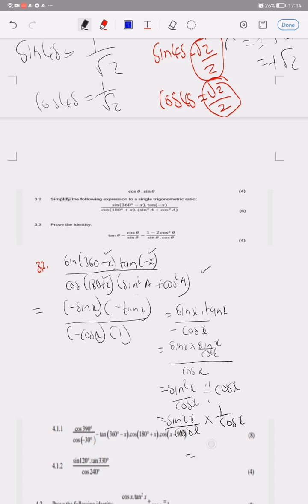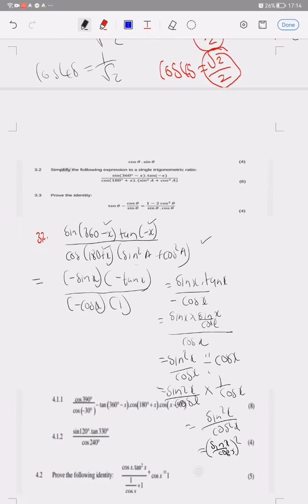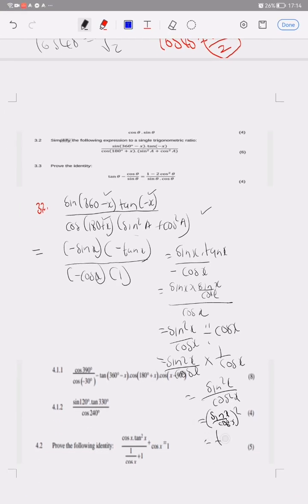So in total we're having sine squared x over cos squared x, which is basically sine x over cos x to a power 2, which is tan squared x. So that's what I'm having.